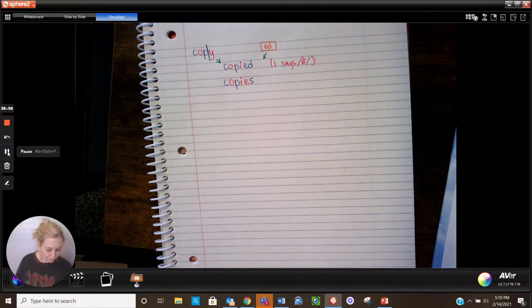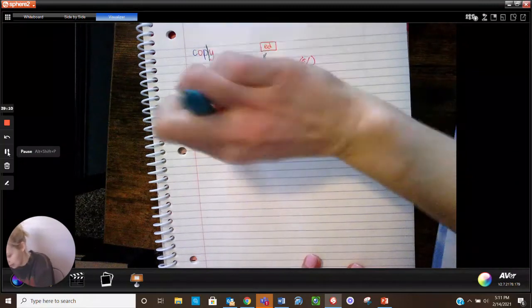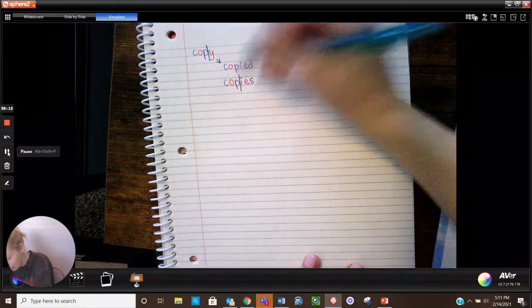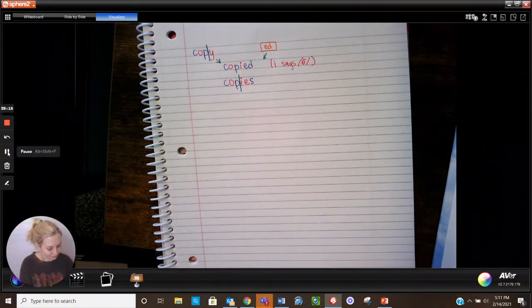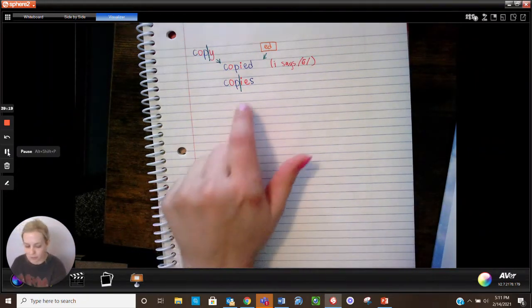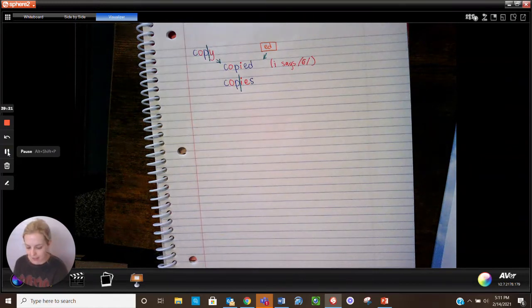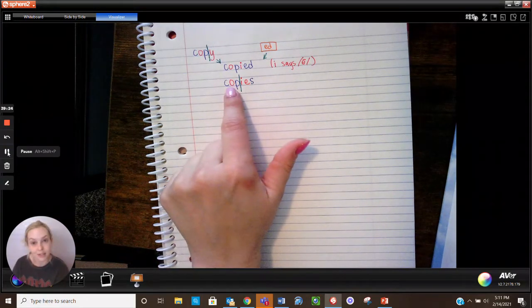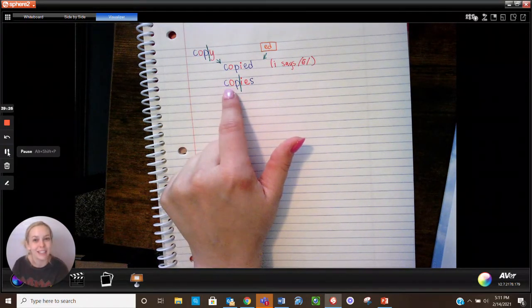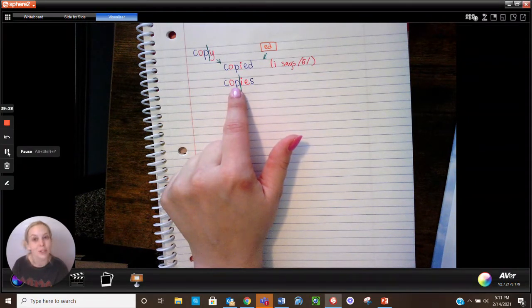Good. How many syllables are in the word copies? Two. Good. Draw another line in between the syllables. You would go right there. Very good. Why does the syllable divide after the P? The first vowel is ah, which is short.